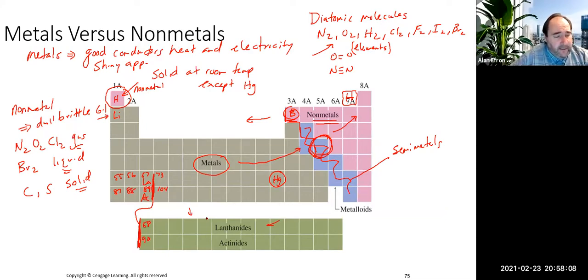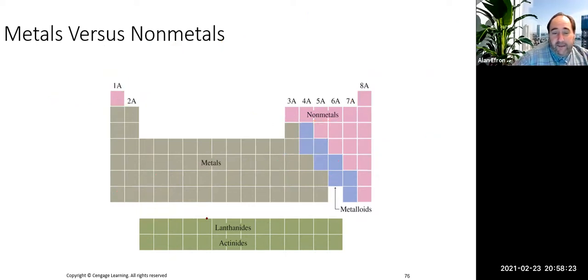So those are metals. They're set aside so your periodic table is not 40 feet wide. I've only seen one periodic table ever where they were in the right spot, but it spread out the periodic table and covered an entire wall.